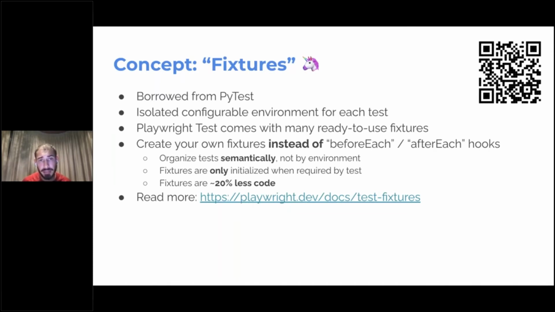So if, for example, you have a test that doesn't use a page, then the page is not even getting opened. And as reported by some of our clients who were doing migrations from hooks to fixtures, fixtures are 20% less code, which is just easier to manage and has fewer bugs. Now, in this talk, we are not going to deep dive into fixtures creation, but you can actually read more about this in our documentation.